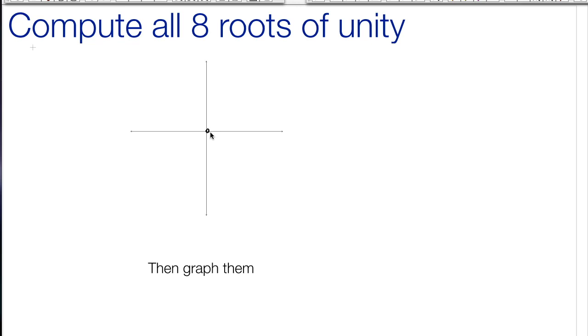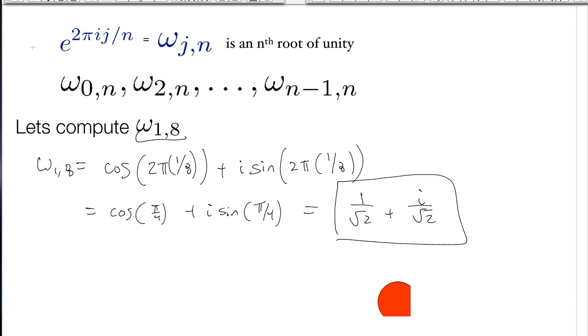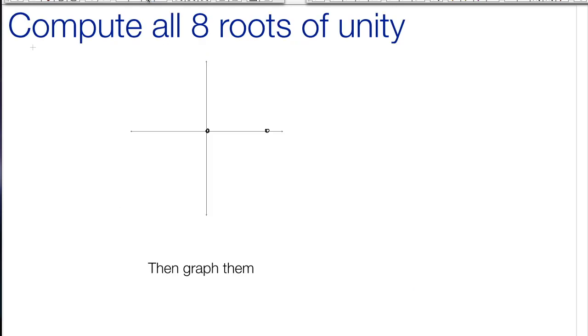What I was going to do on this slide right here is draw all of these roots of unity. If we computed omega 0 comma 8, that's going to be 1, because cosine of 0 is 1, and sine of 0 is 0. So this is omega 0, 8. We just computed omega 1 of 8.